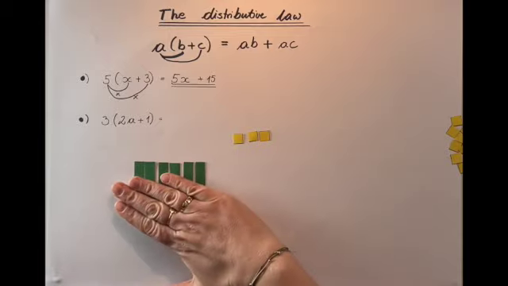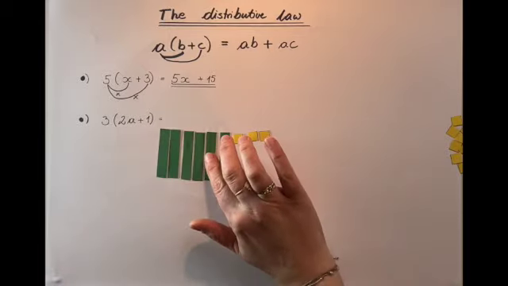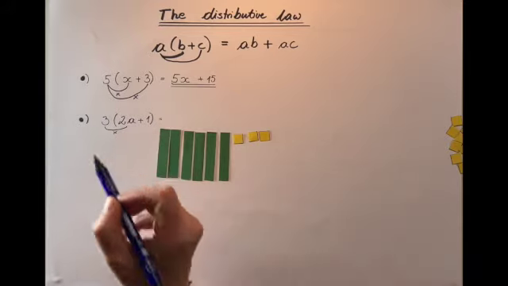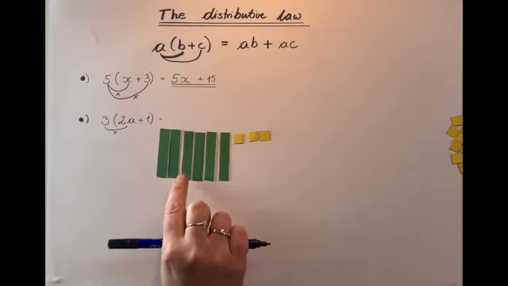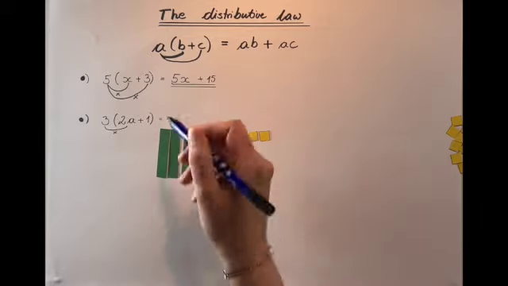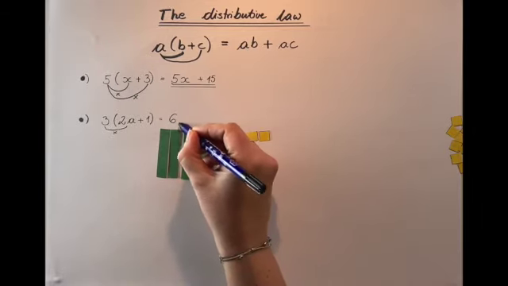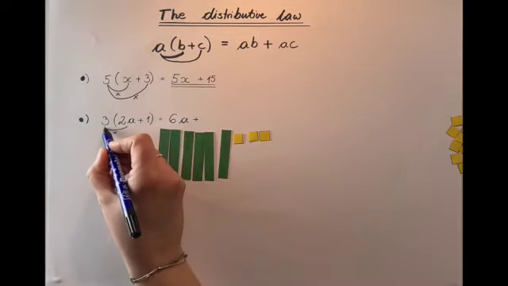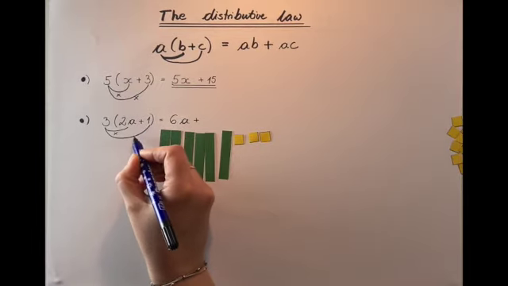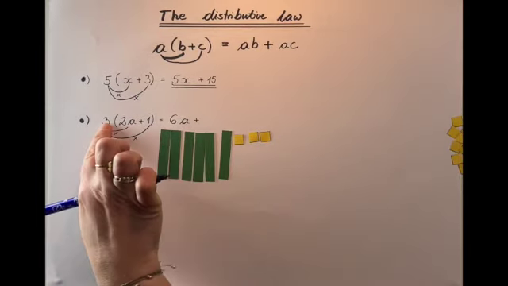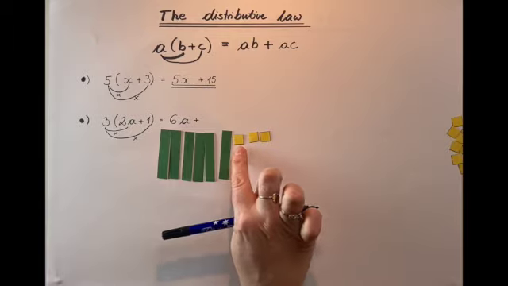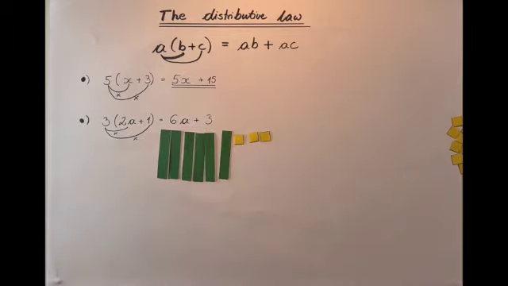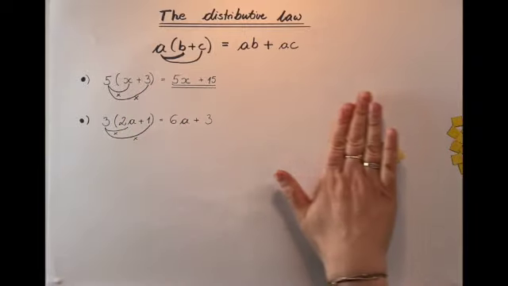So we have 3 times 2a gives us 1, 2, 3, 4, 5, 6a, plus 3 times 1 gives us 1, 2, 3 units. And that's the answer to this problem.